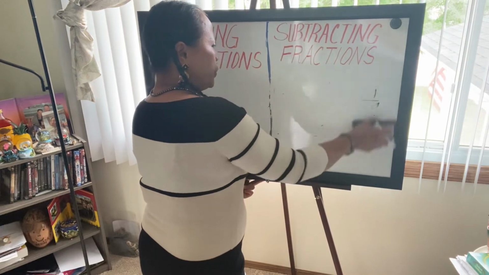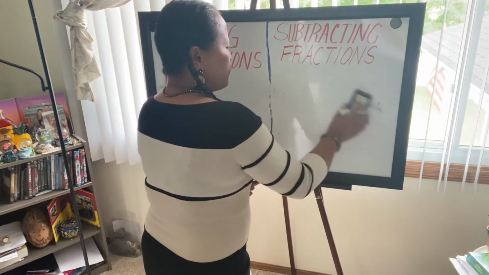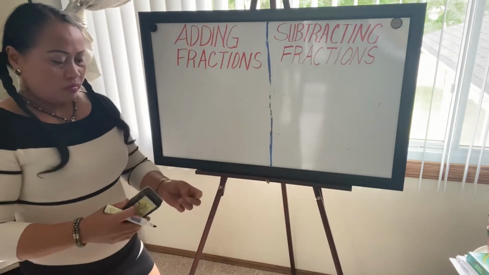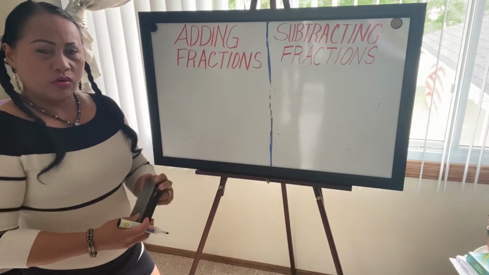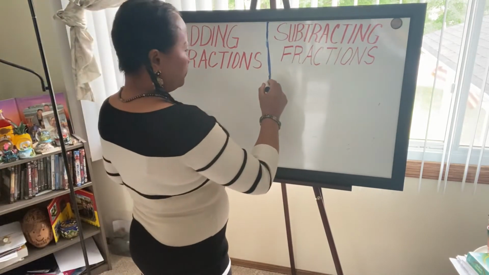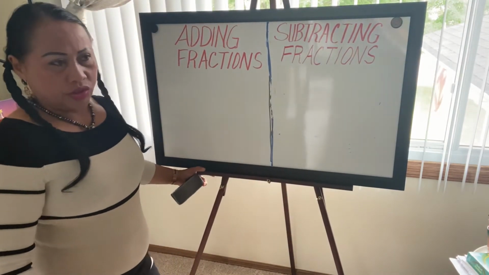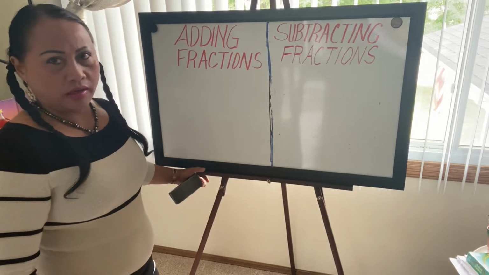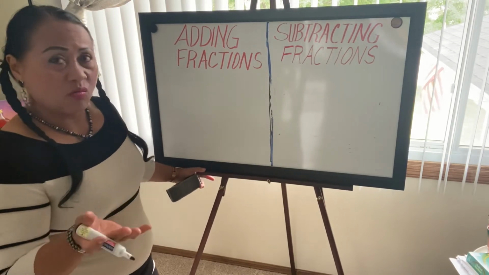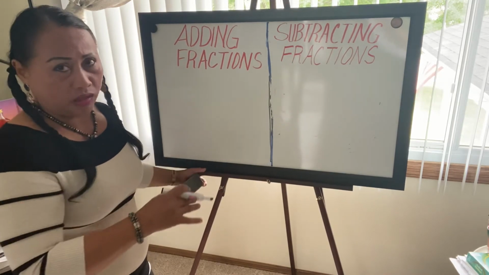The addition and subtraction of fractions, they're just the same rule. You always look at the denominators. If the denominators are different, then you will find the least common multiple. You know what the least common multiple is? The number that can be divided by both denominators.